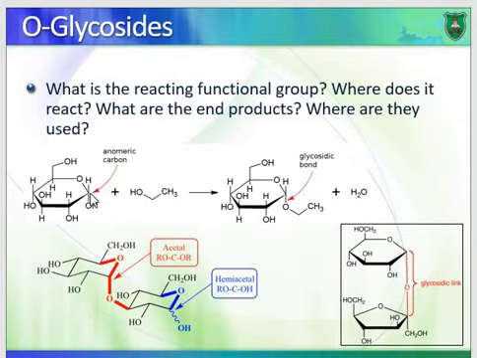So the interaction between the anomeric carbon and an alcohol group, whether it's part of an alcohol molecule or part of another sugar molecule, produces the glycosidic bond. Because the connection happened through this oxygen, the resulting molecule is called an O-glycoside.